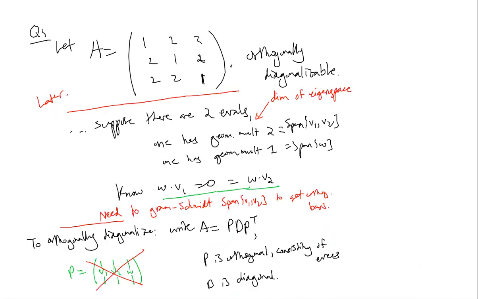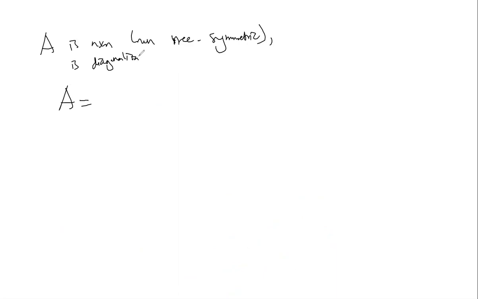Can I say that again? Yeah, sure. What I'm saying is that for any matrix, let's say A is n by n, not necessarily symmetric, but let's say it's diagonalizable. Then you can write A as P D P inverse, and let's say that you have some eigenvectors.